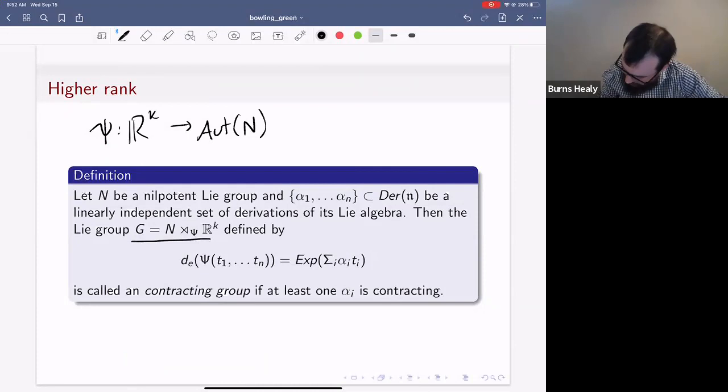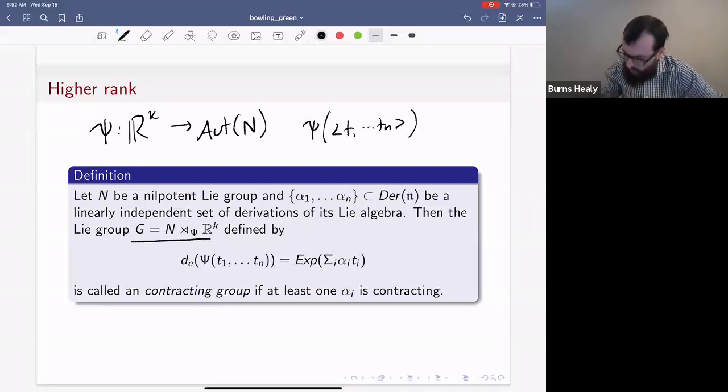So if I have a particular vector in R^k, (t1 up through tk), then in order to define that, I just need to tell you what its differential is, because again, this is a map from N to N. So if I can tell you what the differential is on the level of the algebras, then I've told you what the automorphism is.